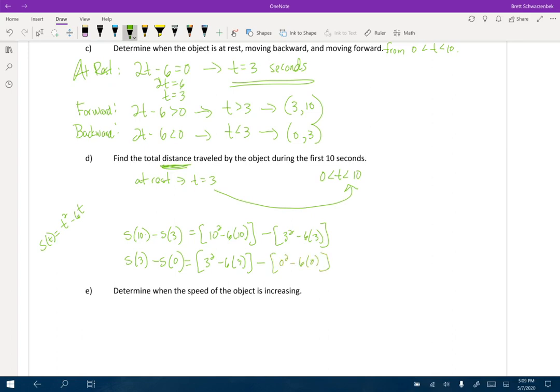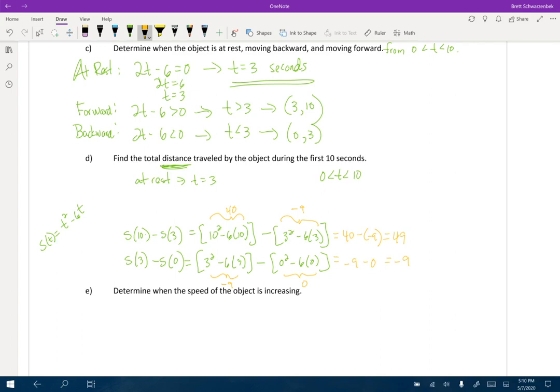As a shortcut, this value here is going to be 40. This value here is going to be negative 9. This, again, is going to be negative 9. And this is going to be 0. So over here, we get 40 minus a negative 9, which is 49. And over here, we get negative 9 minus 0, which is negative 9.